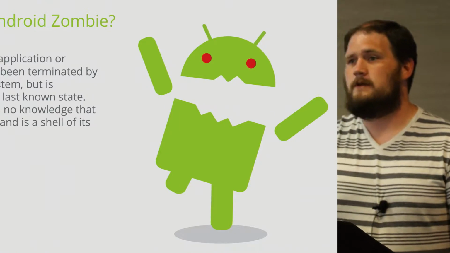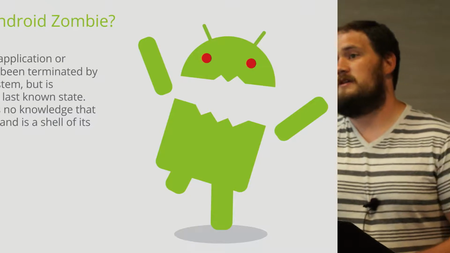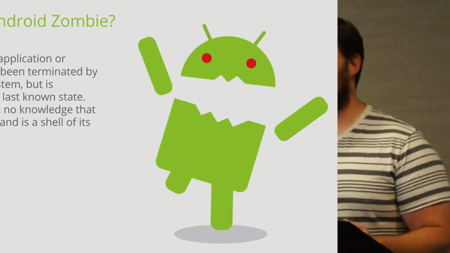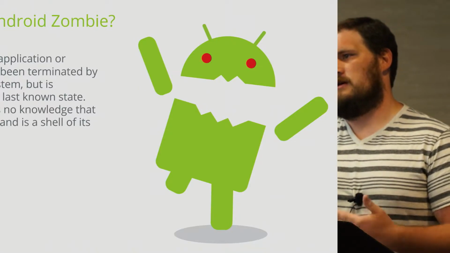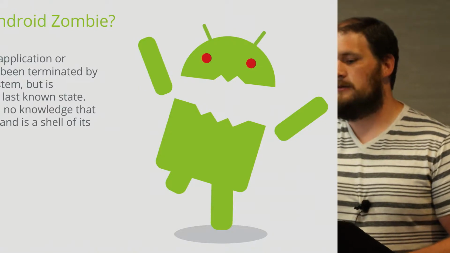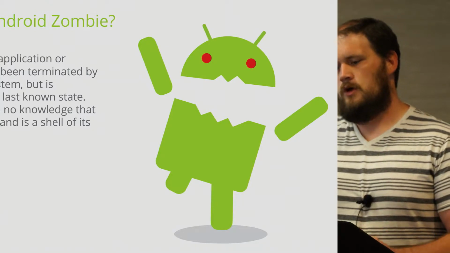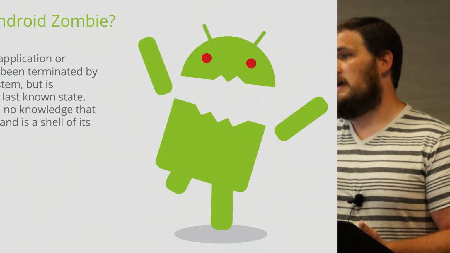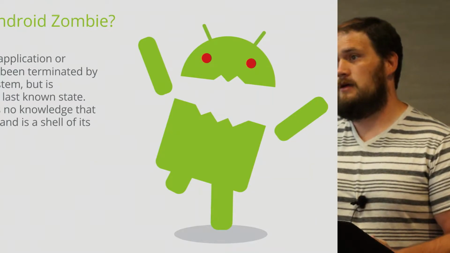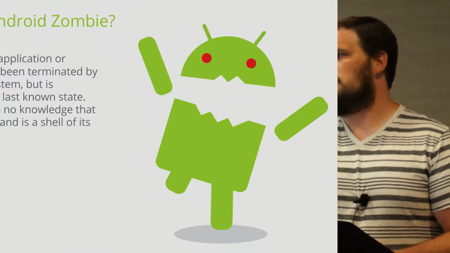So an Android zombie is when Android kills your process. Typically this happens when your process is backgrounded or your application crashes and then your application is recreated. The zombie metaphor is really good for this because the Android system, when you tap via the launcher icon or via recents after your application has been terminated by Android, brings you right back to the original screen that you were on.